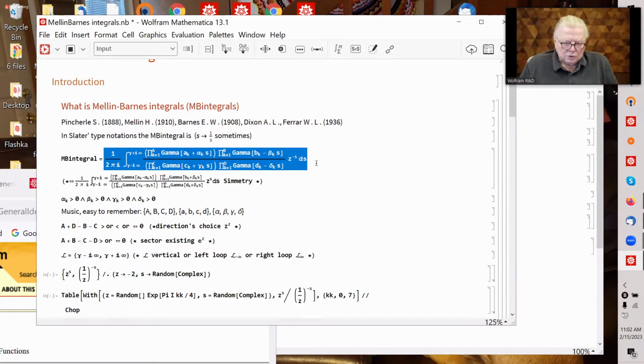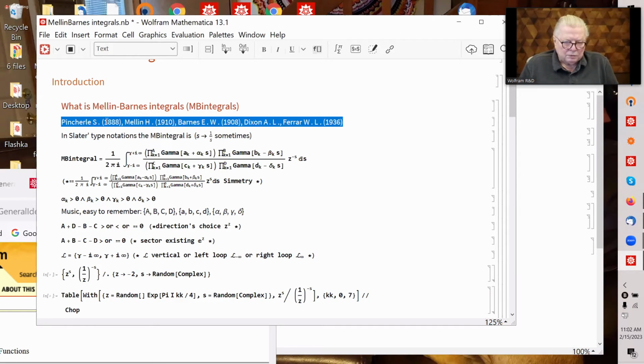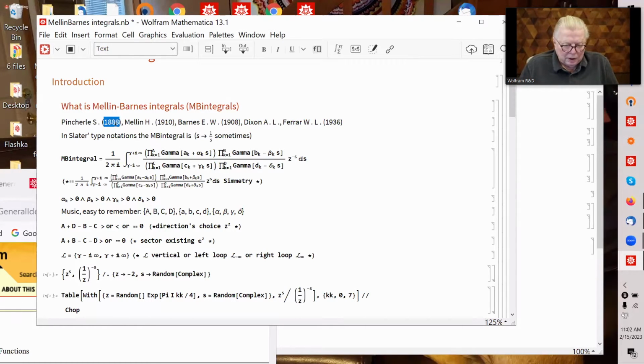Before doing this, I will mention a little history, how this Mellin-Barnes integral appeared. The first time it happened was in the research of Pincherle in 1888.